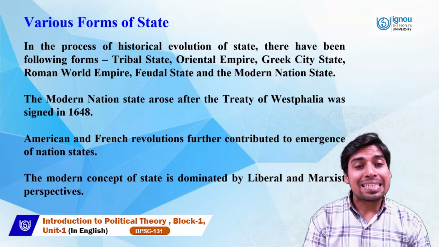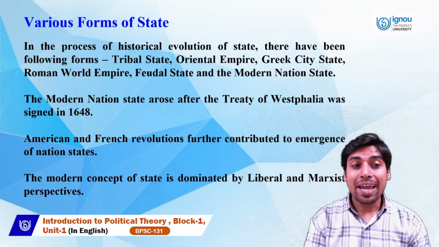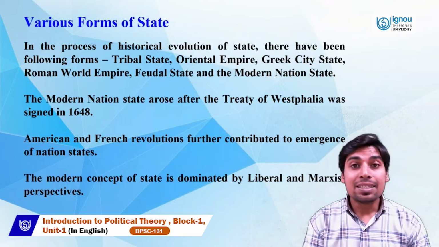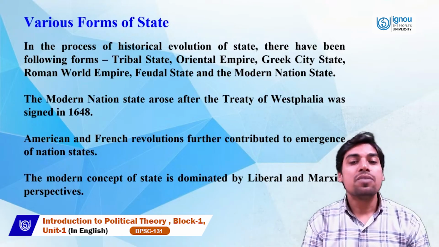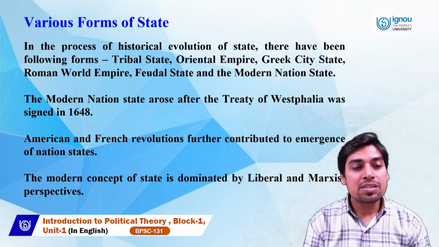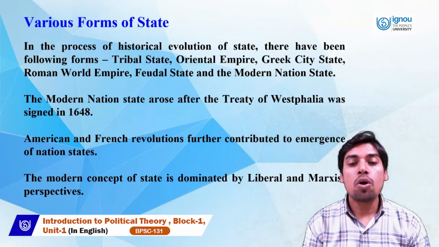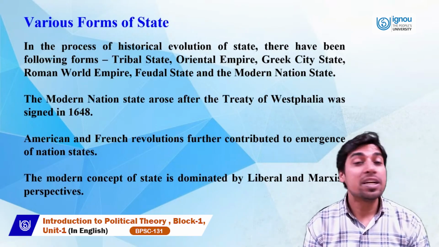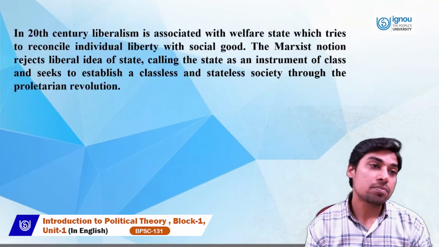The modern nation state arose from the Treaty of Westphalia, signed in 1648. American and French revolutions further contributed to the emergence of nation states. The modern concept of state is dominated by liberal and Marxist perspectives.